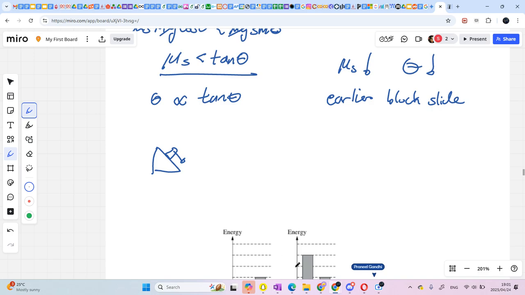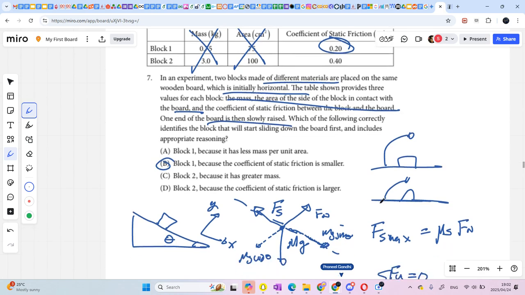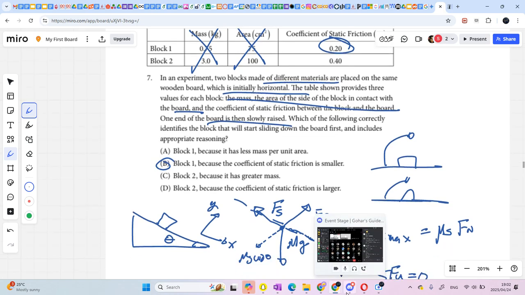So you have more static friction going in the opposite direction, because static friction is not always one singular value. You can have no static friction in this horizontal scenario, because there's no gravity in the horizontal direction. But once you start inclining it, static friction becomes greater and greater so that the net force in the x direction consistently stays at zero. It's once that threshold is overcome that you get a net force in the positive x direction.